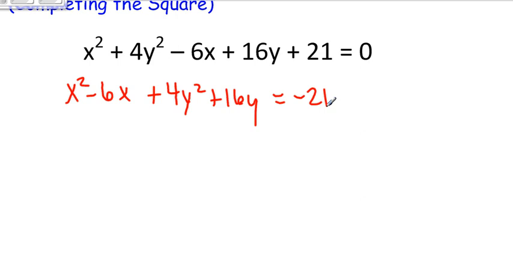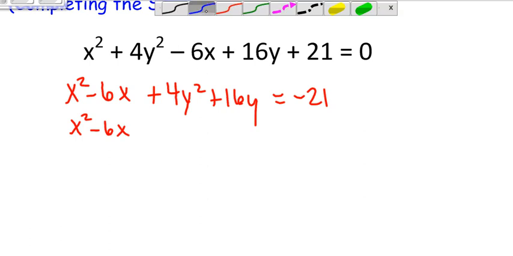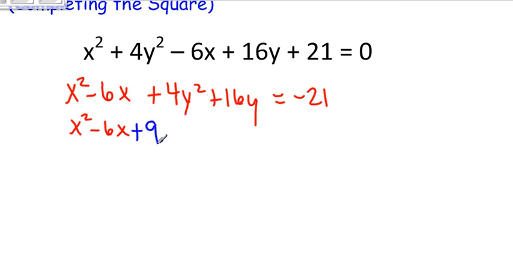Right, I am going to now complete the square. So we're going to have x squared minus 6x. The piece we're adding in is negative 6 divided by 2, squared. So negative 6 divided by 2 is negative 3. Squared is 9. We have to add 9 to our other side as well.